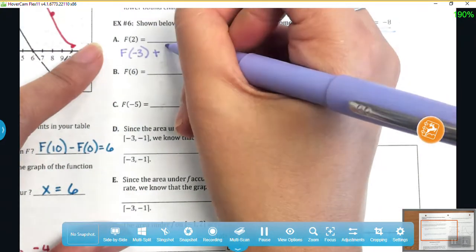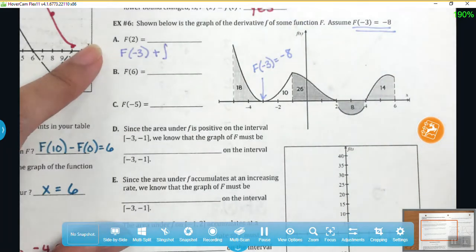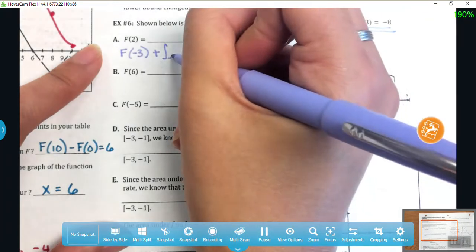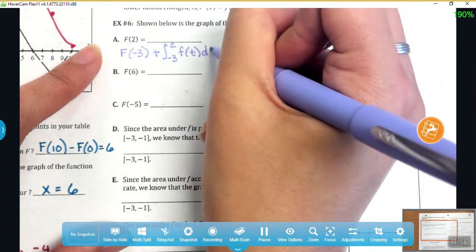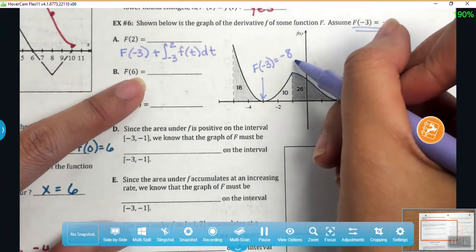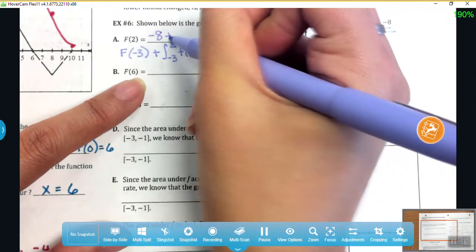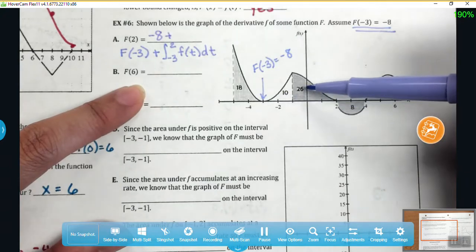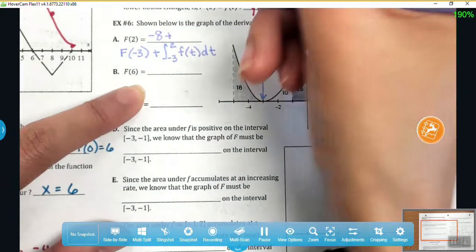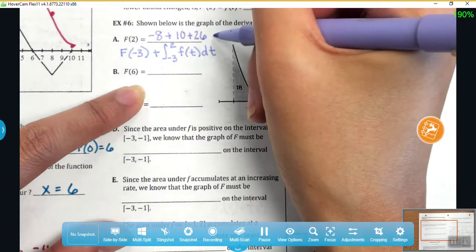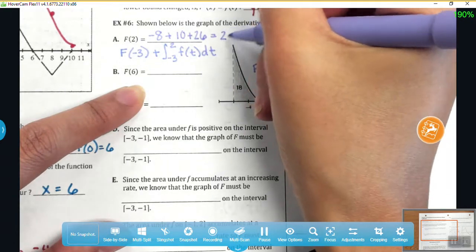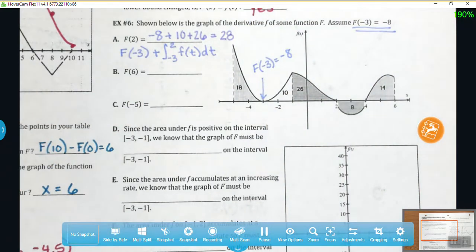The integral from -3 to 2 of f of t dt. Okay, so f of -3 is -8, and we add 10 plus 26. Makes sense. And we get 28, right? Okay, try f of 6 and f of -5.